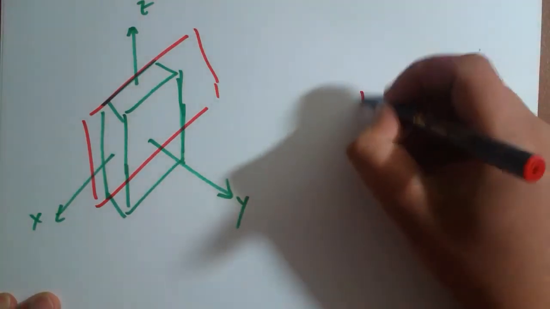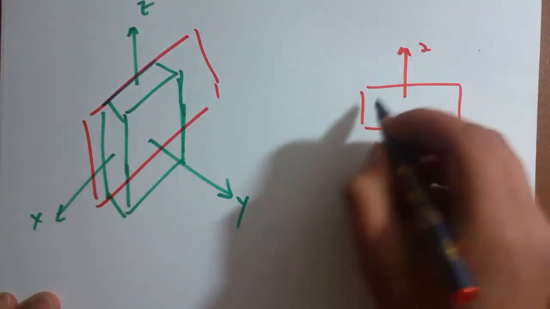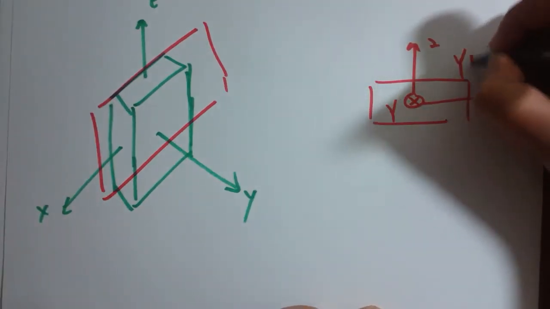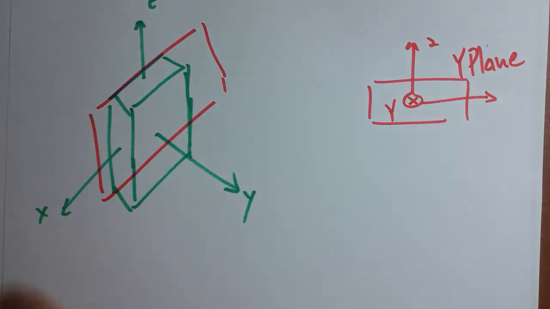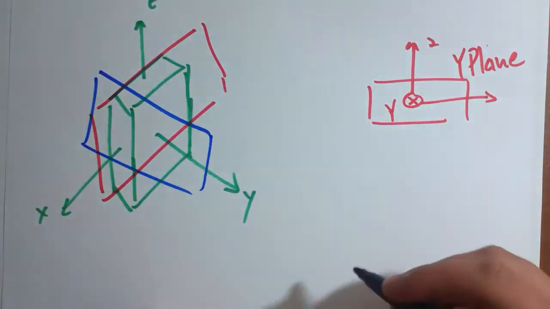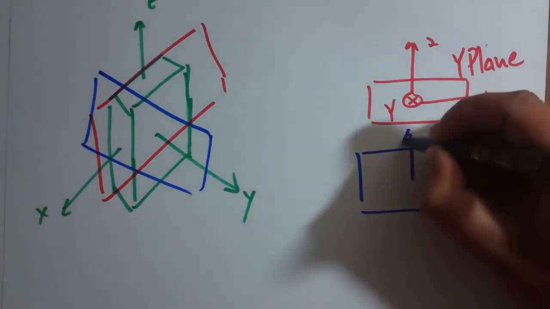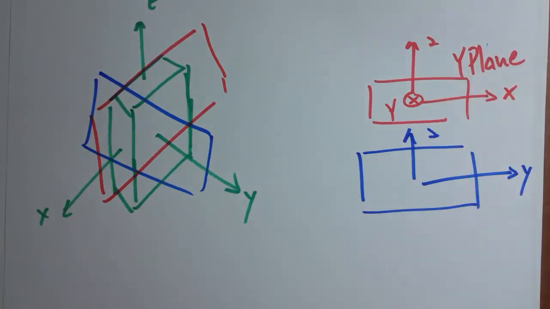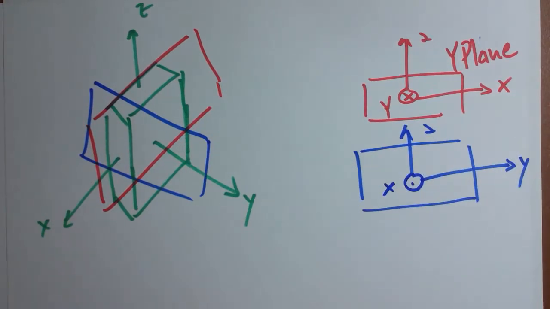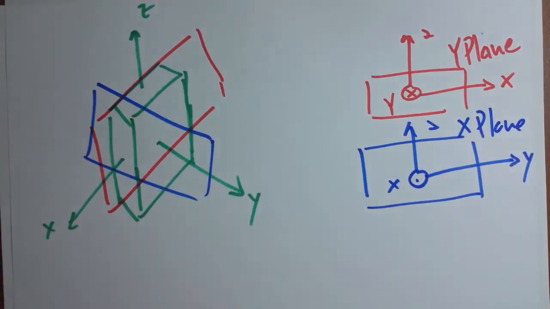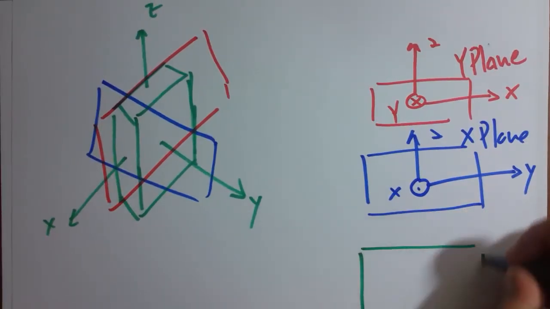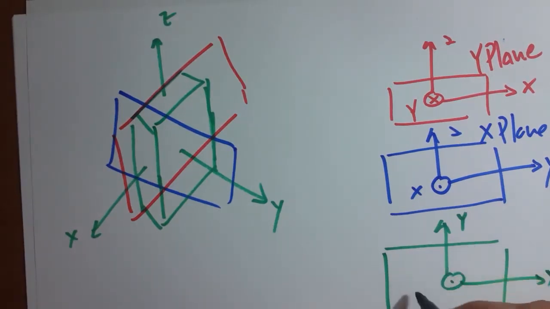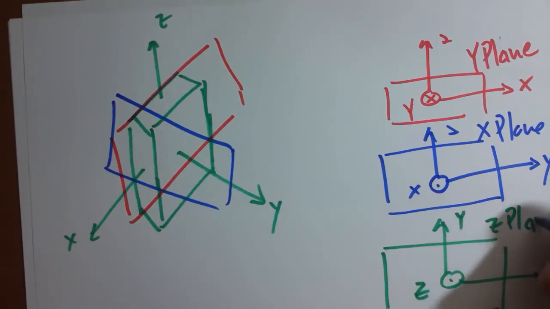For instance, this is the Y plane, where I have Z and X. Then I have the X plane, where I have Z and Y. And finally I also have the Z plane, which I will not represent in the drawing because it would get confusing.